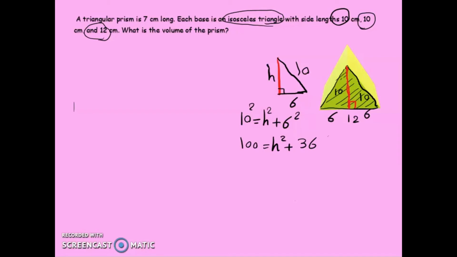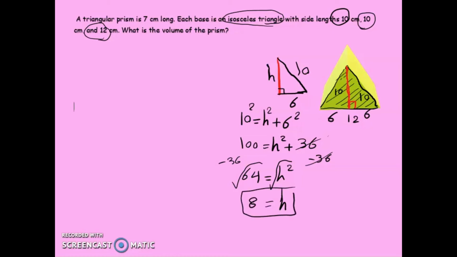If you subtract 36 from both sides, 100 take away 36 is 64, and these two cancel out, equal to h squared. Next step, you have to take the root of both sides to get rid of the square. Therefore, h, or the height of the triangle, is 8.